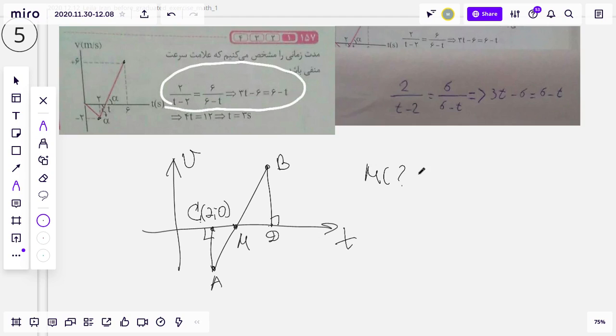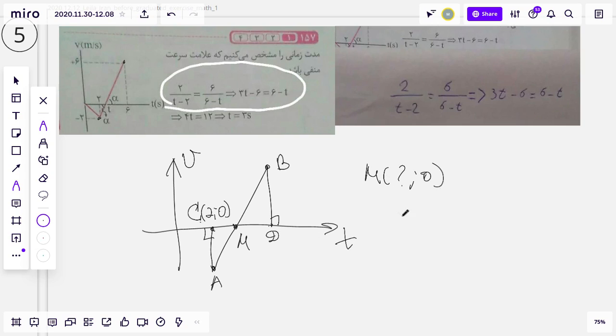The second coordinate is 0, because M belongs to the x-axis, and that's why the y coordinate, the velocity coordinate, equals 0. As I told before, we solved the problem of determining the time moment when velocity became equal to 0.